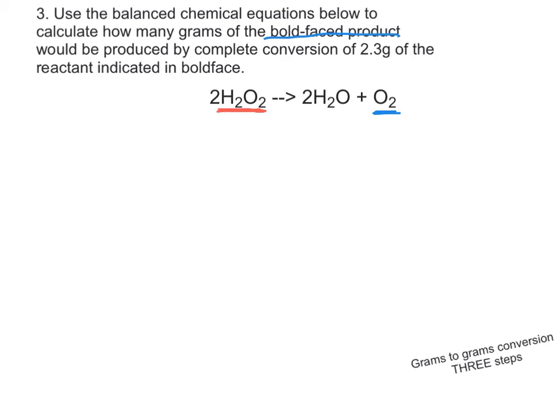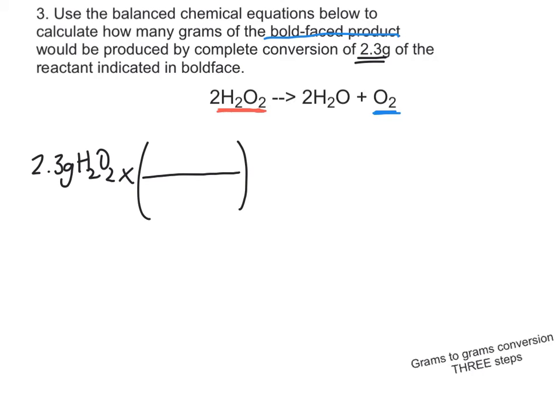Okay, so I'm going to start by writing what is given in the problem. It says I'm starting with 2.3 grams of the reactant, so I'm going to go 2.3 grams of hydrogen peroxide, or H2O2. Now in my first step, I want to cancel these grams. So I'm going to use my mole to gram conversion.